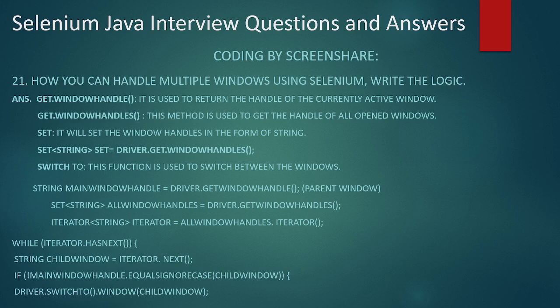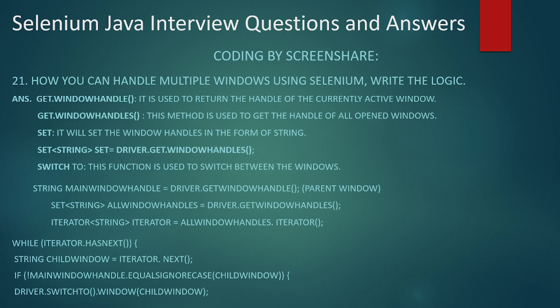You know that getWindowHandle is for the parent window and getWindowHandles is for multiple child windows. First we store the parent one from getWindowHandle in a String. Then for the handles, as I discussed in my previous video, the Set interface does not allow duplicate values, so here we use the Set interface to store all the window handles.